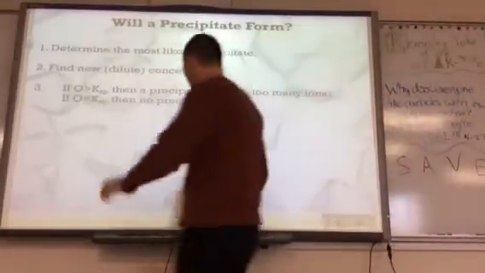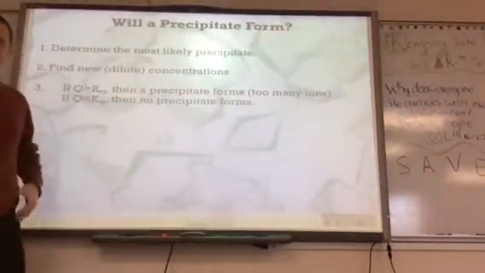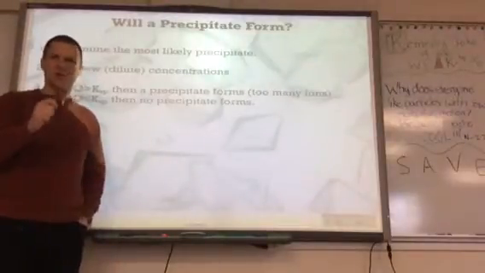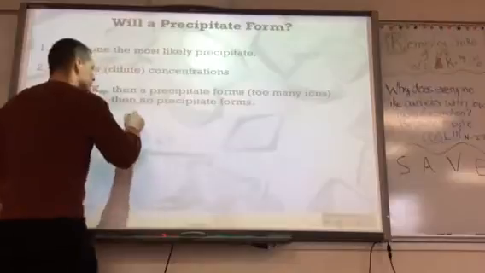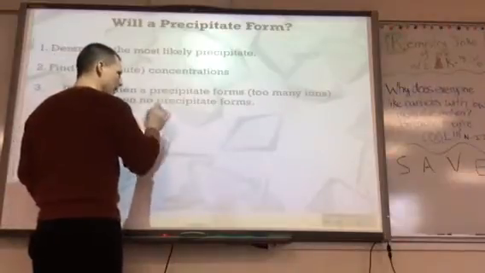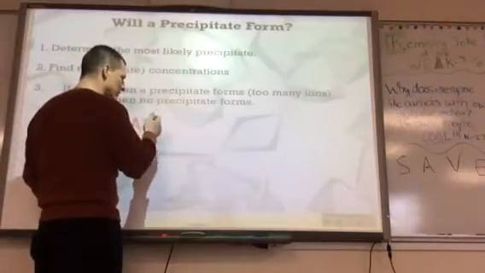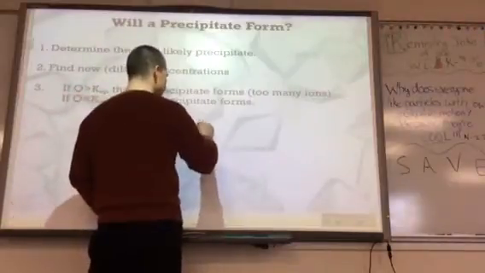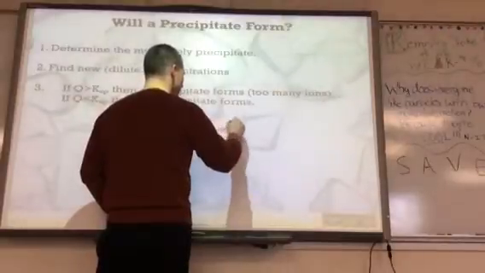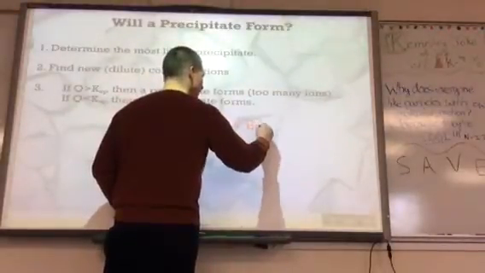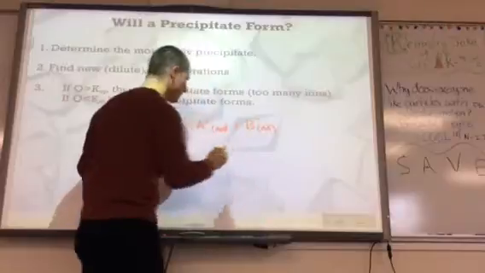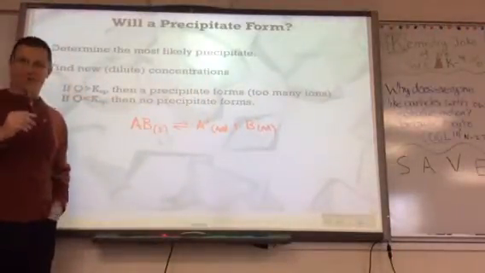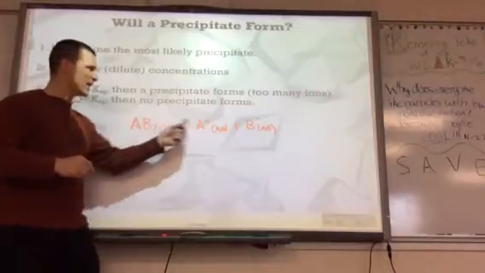So I'm going to say something. I want you to listen very carefully to it, because this is going to be counterintuitive to you as you write some chemical equations. When you have any kind of a problem or a situation where you are dealing with something dissolving into ions, I want you to always write your chemical equations in this chapter with the solid on the left and the ions on the right.